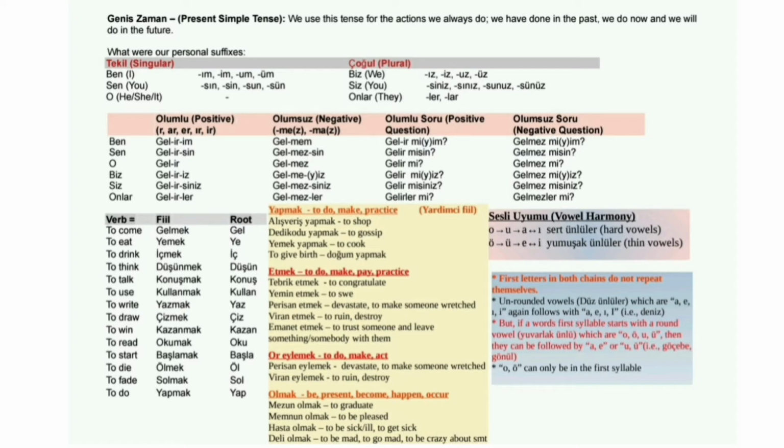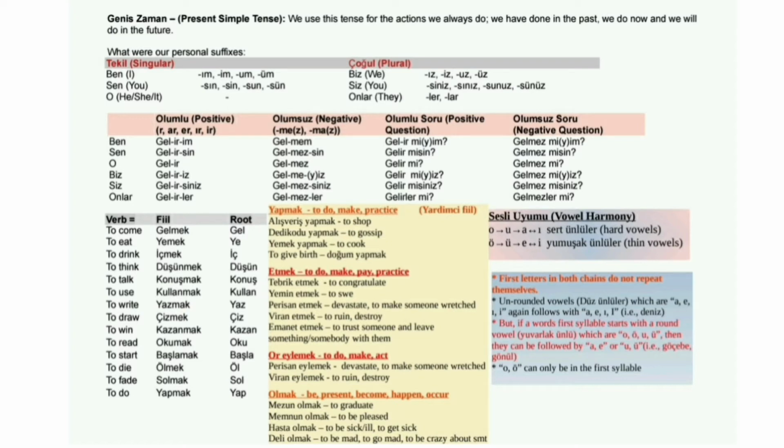If a word's first syllable starts with a round vowel, yuvarlak ünlü, which are o, ö, u, ü, then they can be followed by a, e or u, ü.